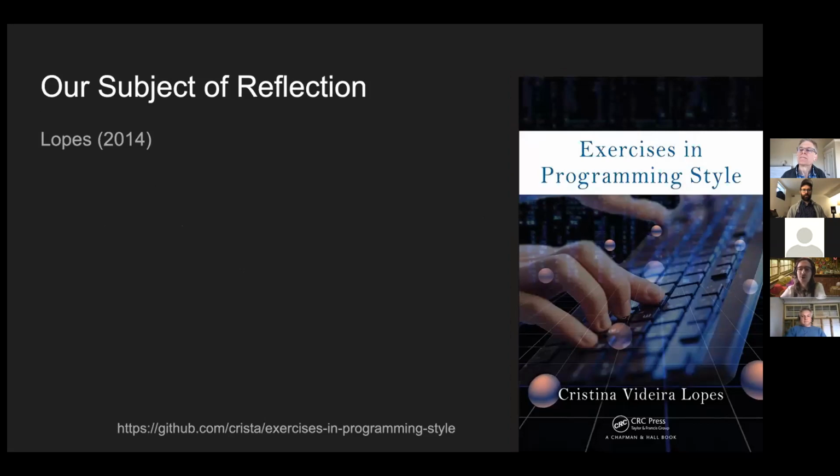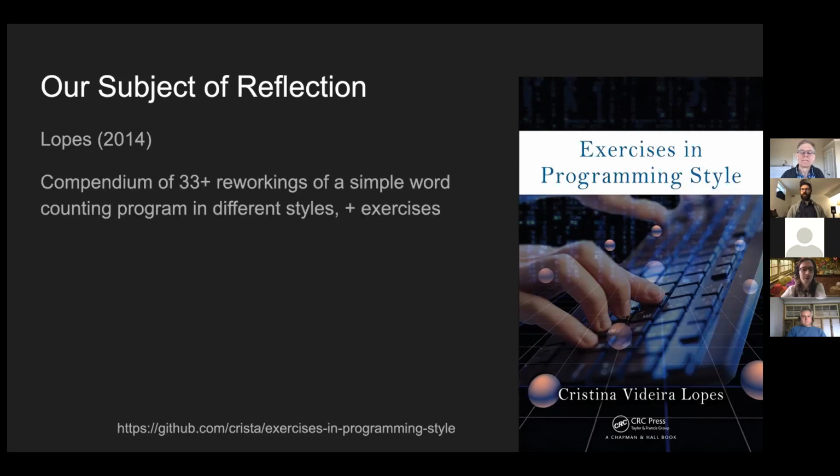We are using a different later book by the programming educator and programming language researcher, Cristina Lopez, called Exercises in Programming Style. This book is a compendium of 33 reworkings of programs that solve the same task. This task is a kind of a simple word frequency counter that receives a text and tells you how many times different words occur in an ordered list.